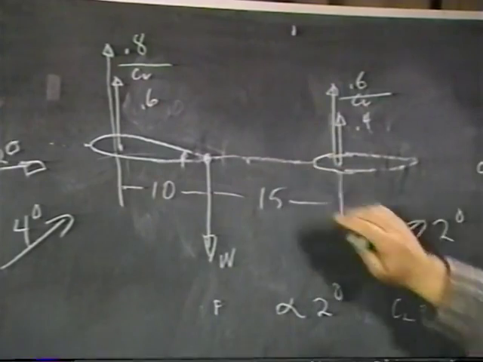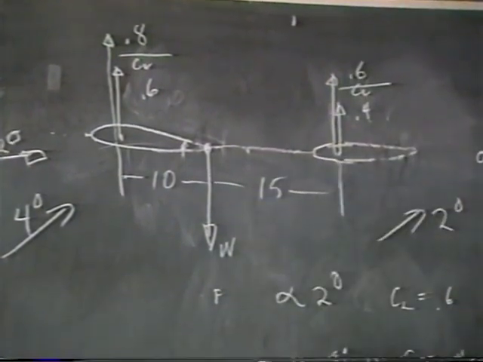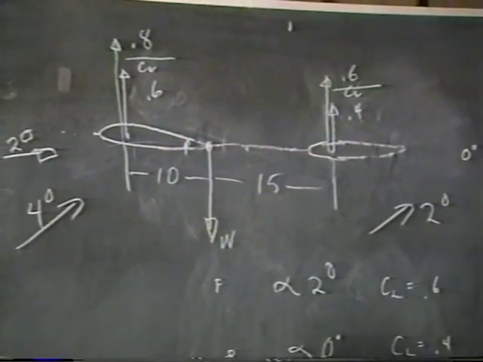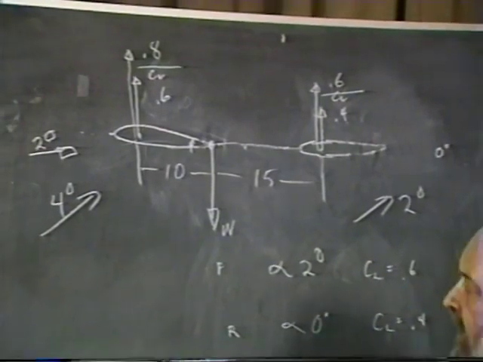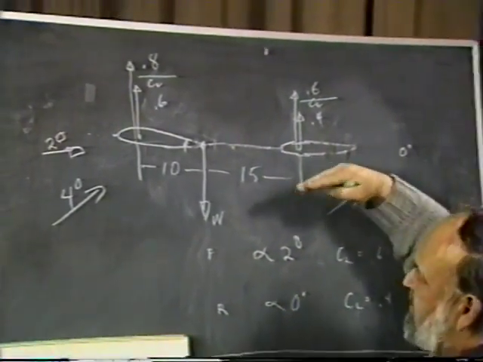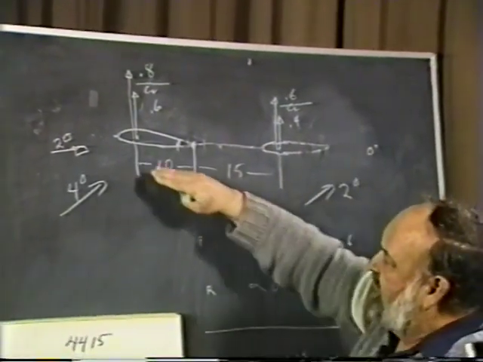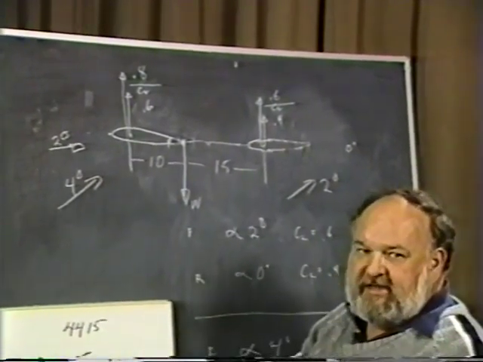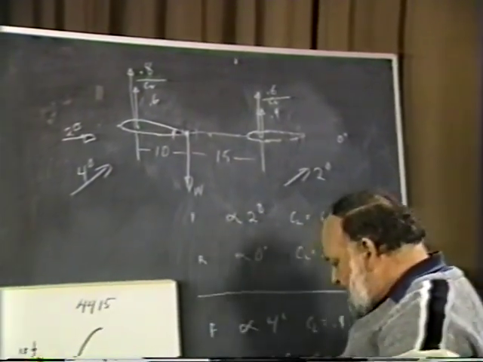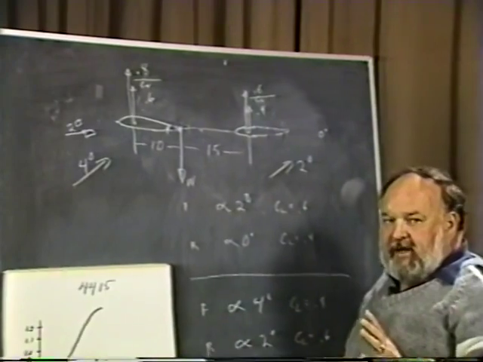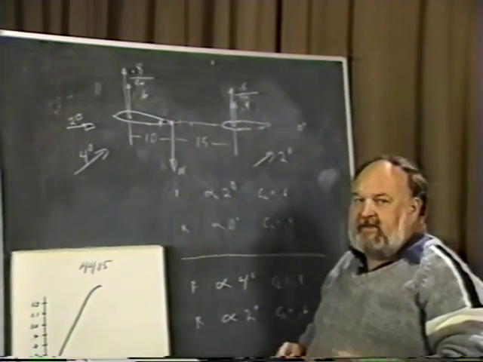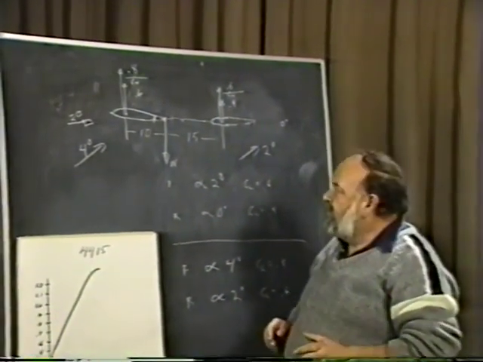Therefore, the moment, the twisting action in the back here is greater, and the airplane is not statically balanced, and the airplane will pitch over and stabilize itself until it comes back to a 2 degree angle of attack. That's the fundamental thing about static stability of any kind of an airplane.